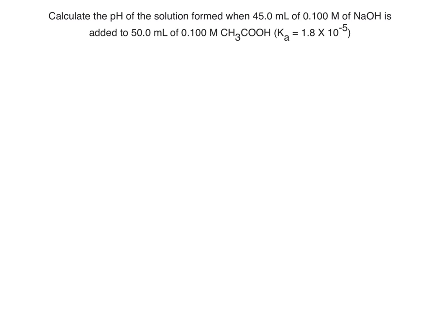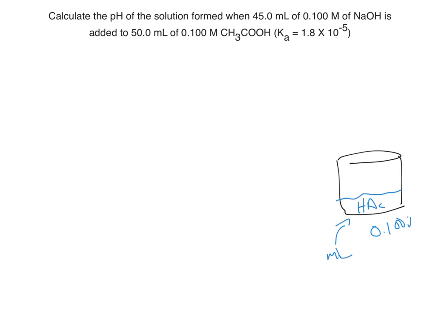Here we have a beaker, and in this beaker we have the solution of the acetic acid, HAc. We have there 50 mL of that solution of acetic acid, that is 0.100 molar.